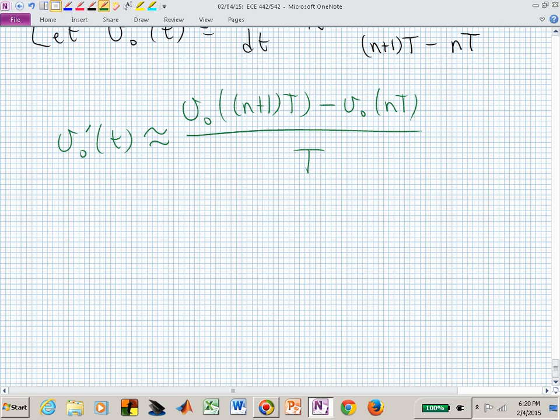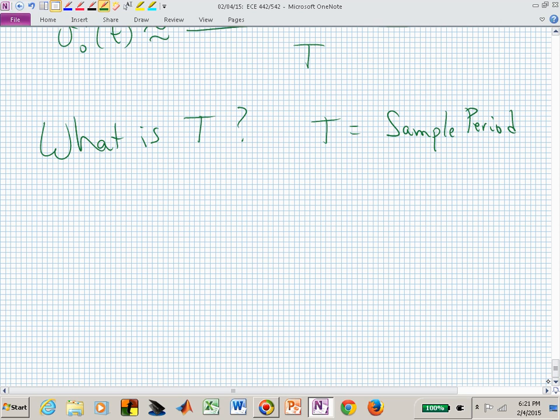What does that mean? Let's make our sample period based on a 30 times difference between the cutoff frequency of our low-pass filter and the sampling frequency. What's our cutoff frequency in radians? So now we're asking, what is capital T, where T is our sample period, in this difference equation that we're trying to build up?